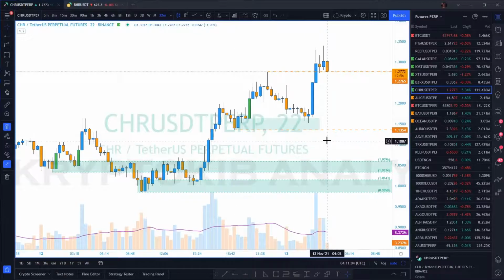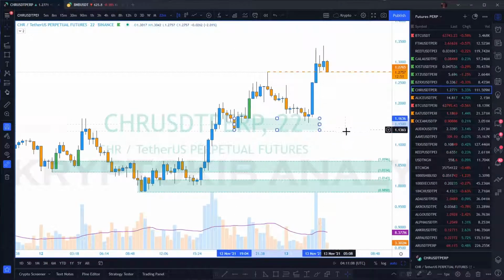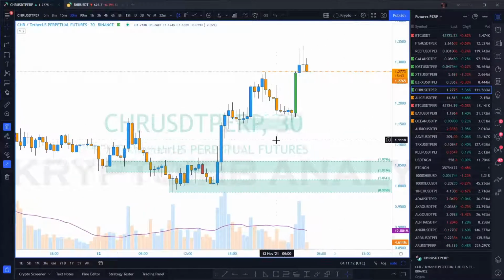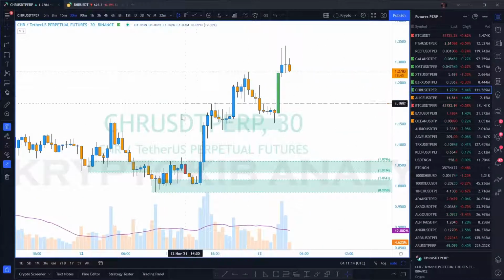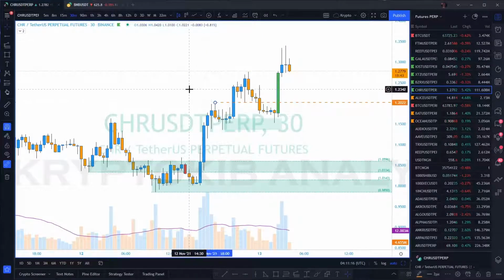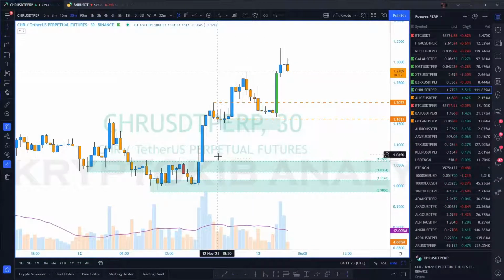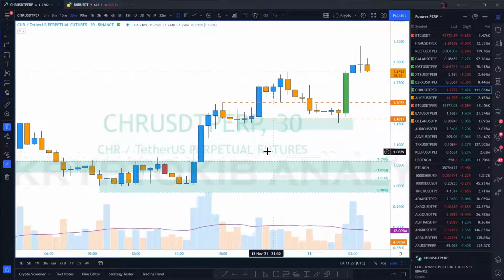But then I went to look on the 30 minutes time frame. Keep this in mind. What did I see on the 30 minutes time frame? This was the highest high making candle. Its low was here, right? So do we have a close below the low of the highest high making candle on 30 minutes?